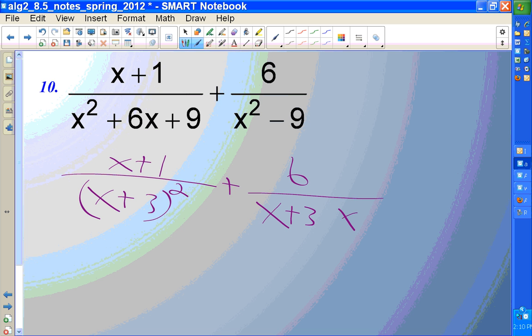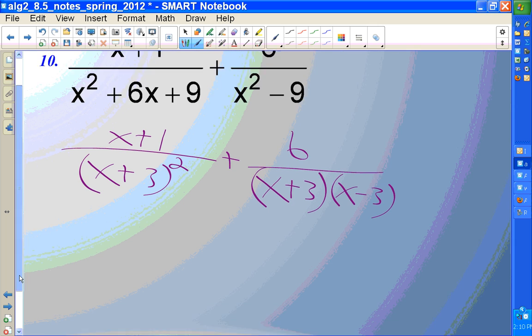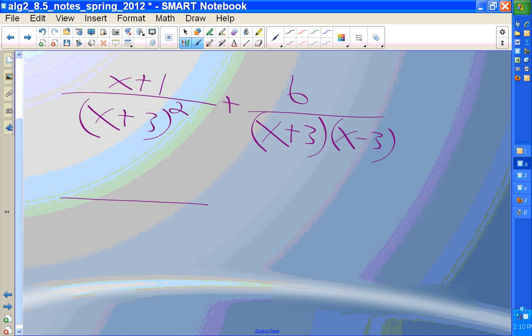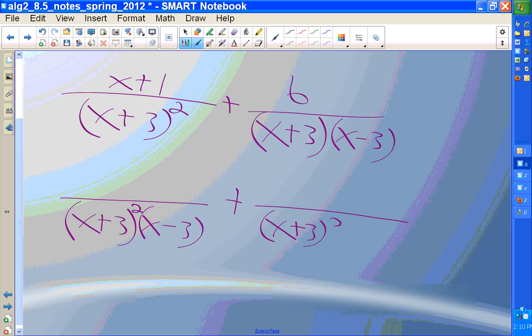X plus 3 and x minus 3, difference of 2 squares. Fantastic. That means your LCD has to have x plus 3's and x minus 3's in it. Which one repeats? So the x plus 3 repeats, that means we take the higher power, which is squared. There's your LCD.